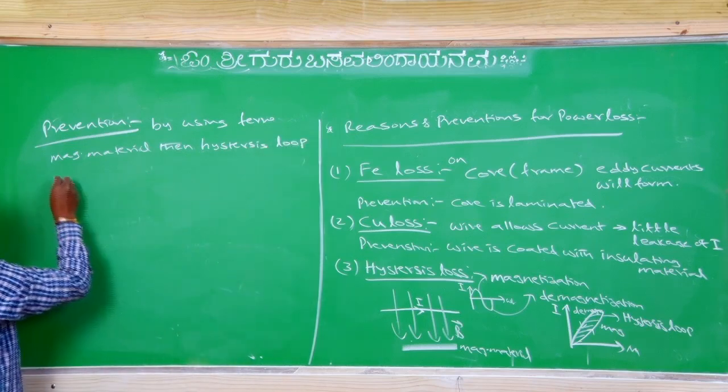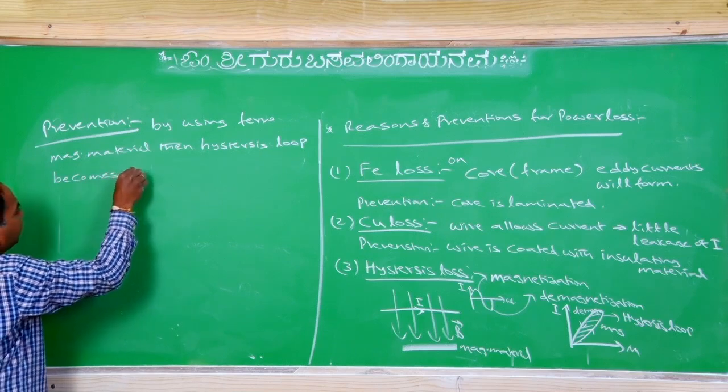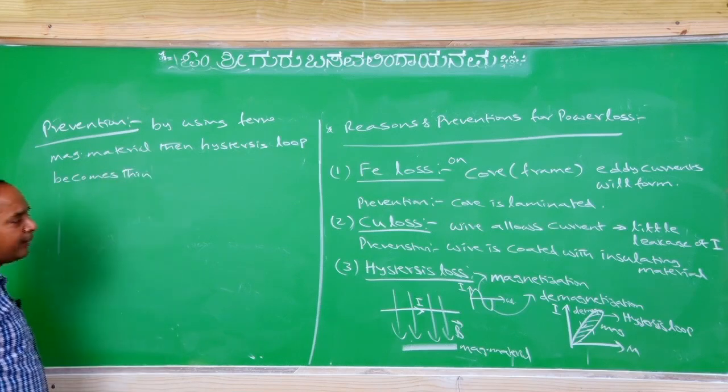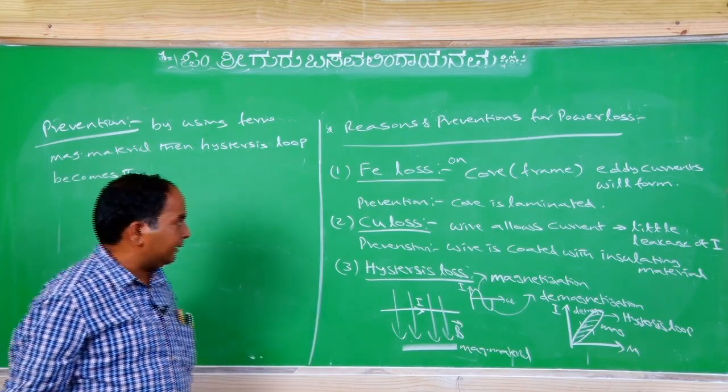When the hysteresis loop becomes thin, its area becomes less, so automatically the loss will be less.